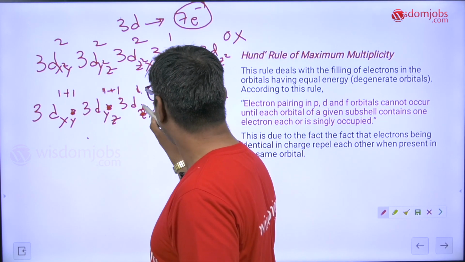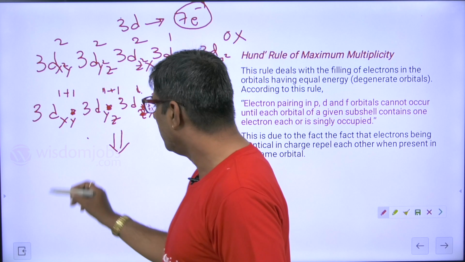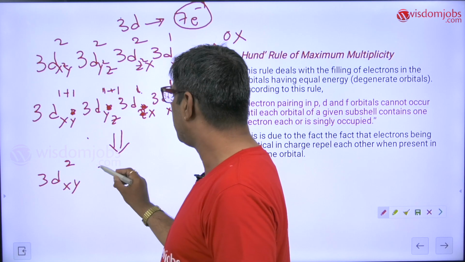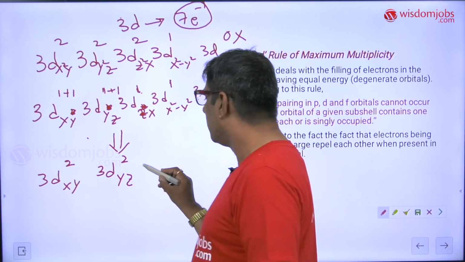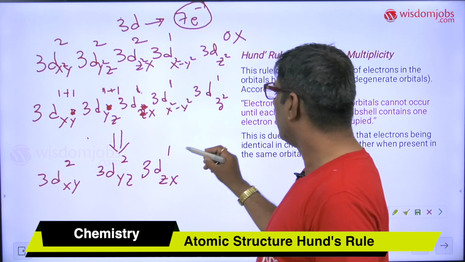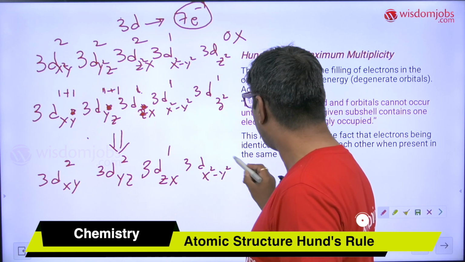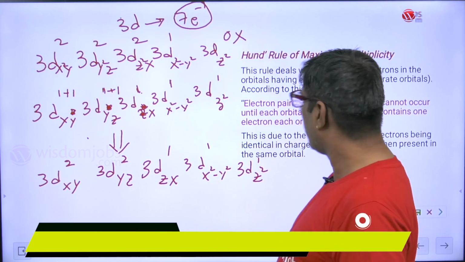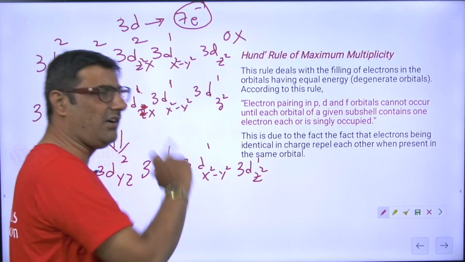After every orbital got 1 each, I am going to pair, and effectively it is 3dxy 2, which is 1 plus 1, next 3dyz 2, which is 1 plus 1, and 3dzx 1, because there is no pairing here. Similarly 3dx²−y² 1, and 3dz² also 1. This is how we write the electronic configuration after following Hund's rule.